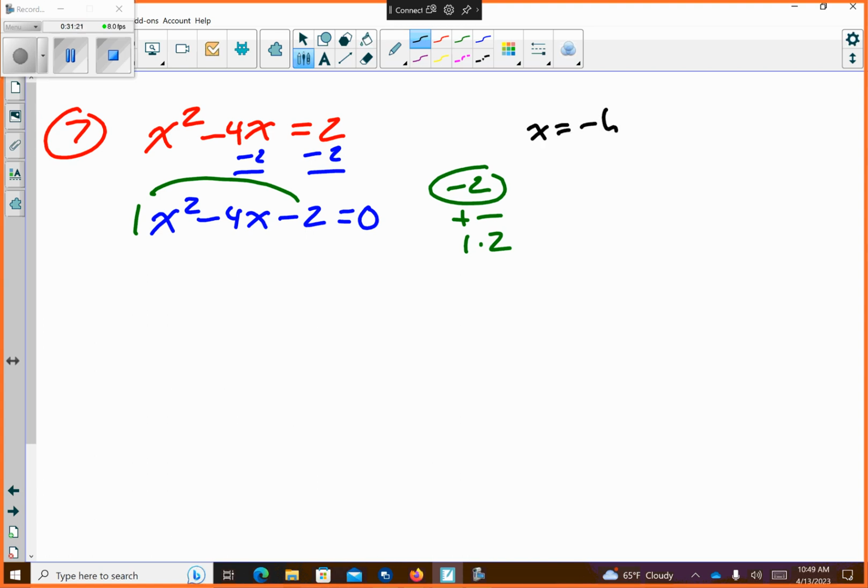Quadratic. So try the quadratic on it, see how you do. But make sure you make your A, B, and C off of it when it's equal to 0, not when it's equal to 2.